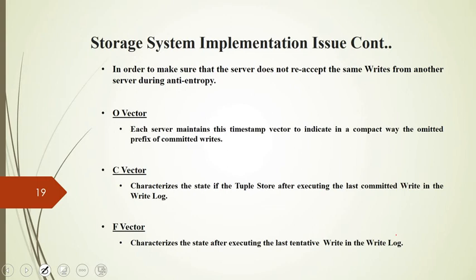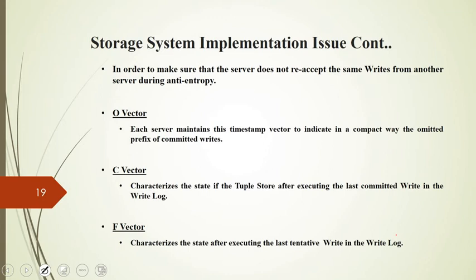A server can disregard a write from the write log once it becomes stable, since by definition the server will never roll back and re-execute a stable write. The write log is actually an ordered set of writes containing a tail of committed writes and all tentative writes known to the server.